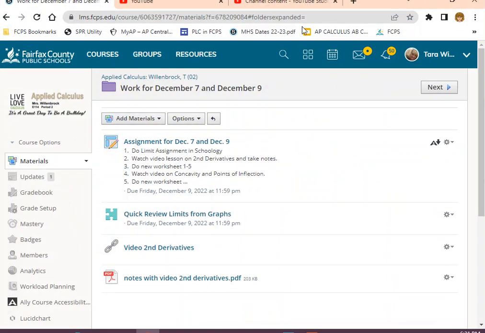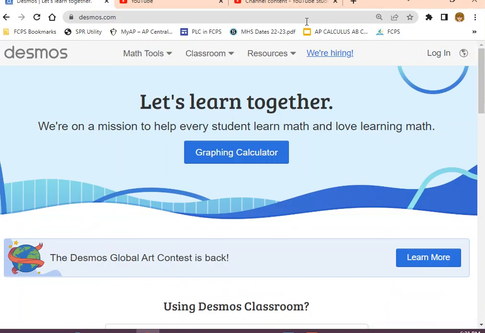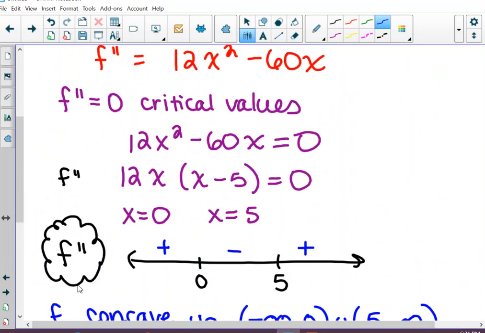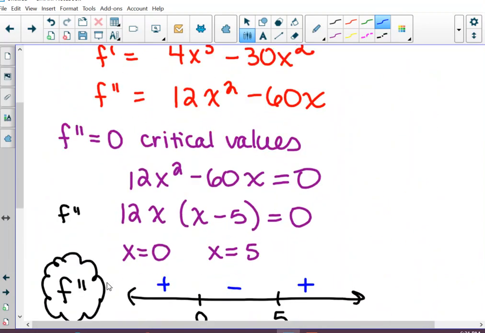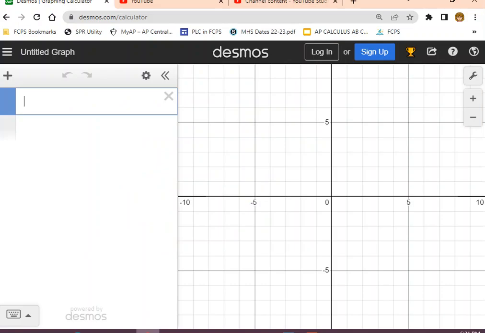All right, so let's see what this looks like. Let's see if I can remember what we did. What is it? 4x cubed minus 30x squared. Okie dokie. 4x. No, that was my first derivative.